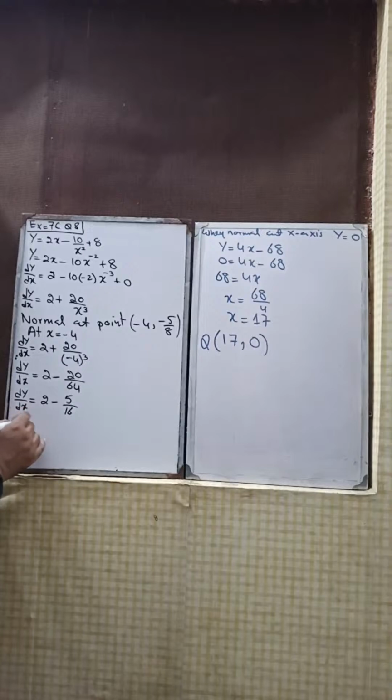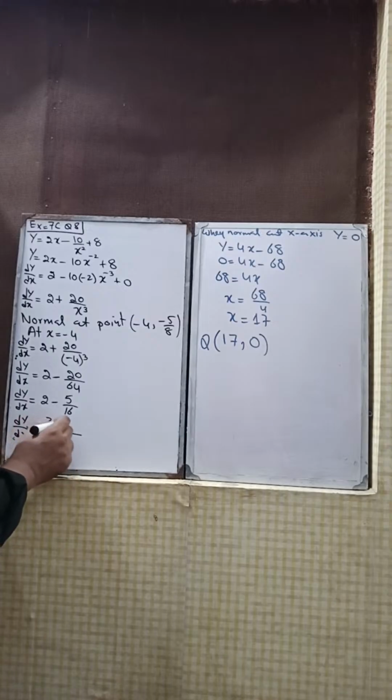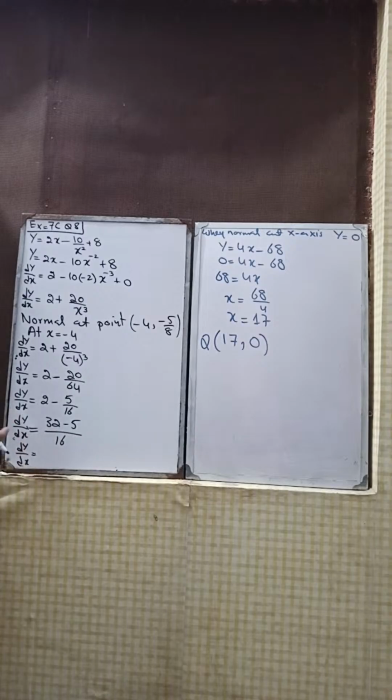Take the LCM. So dy by dx will be equal to 32 minus 5, and that will be 27 by 16.